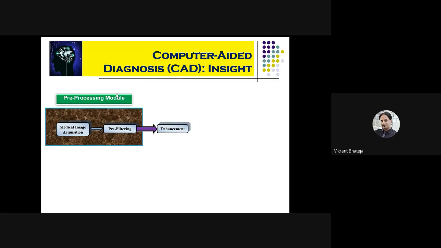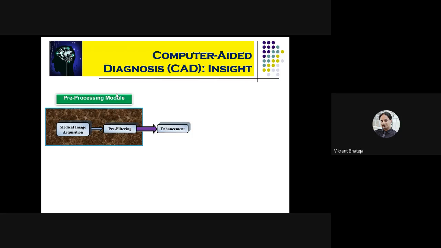Once the pre-filtering is done, what is important is that some form of enhancement should be applied to those images. That means the contrast of those images should be enhanced. Here one aspect needs focus, which is different from other kinds of image processing.